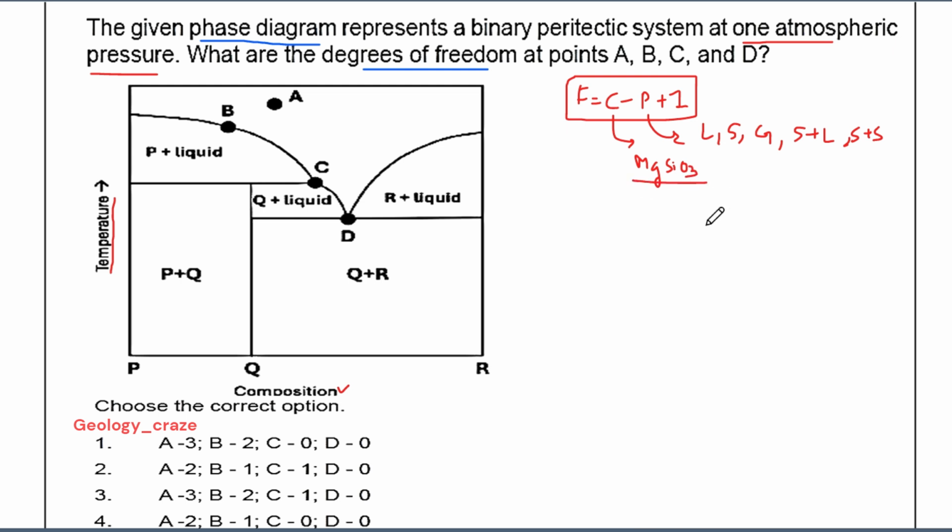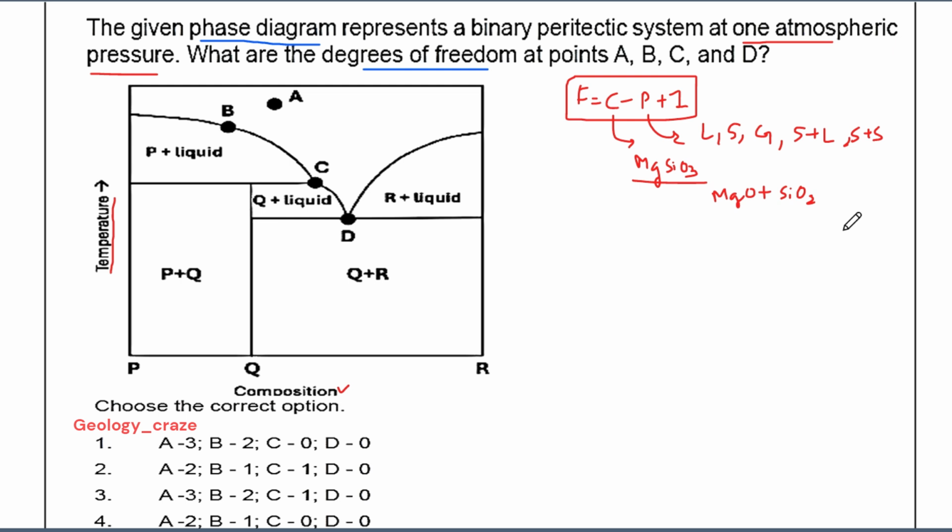So how many components are in this case? One is MgO plus one is SiO2. These are the two components in this case. In this way we are calculating our components.